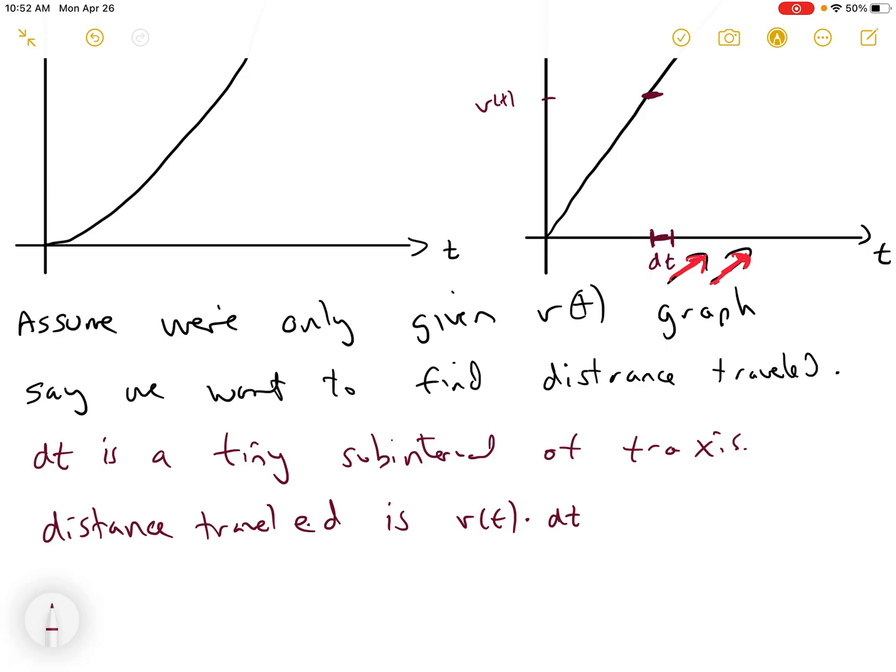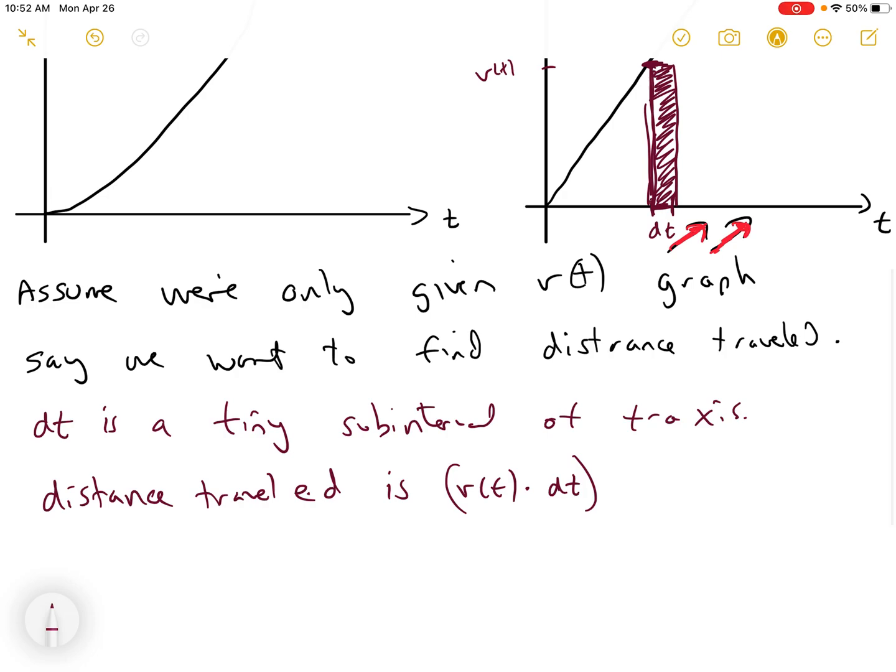So it's speed times time. So the distance traveled in this case is this height here times this little subinterval. So in the picture here, it's the area of the rectangle. The distance traveled is the area of the rectangle.